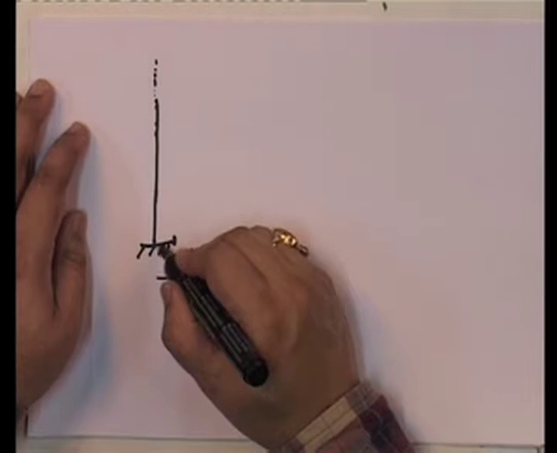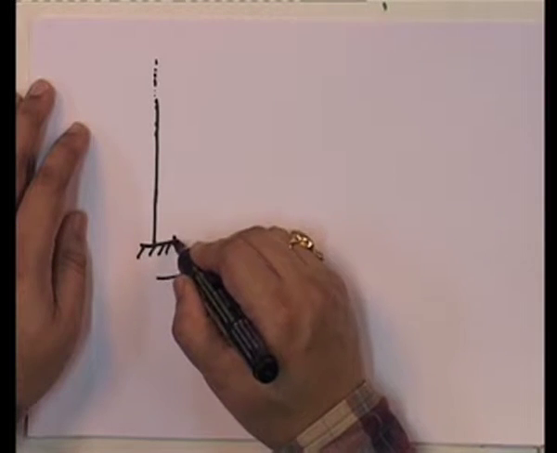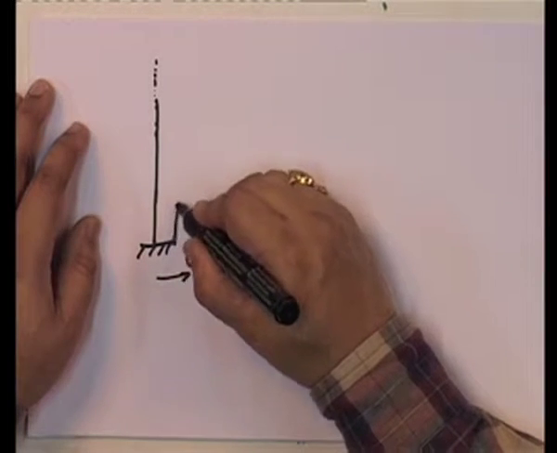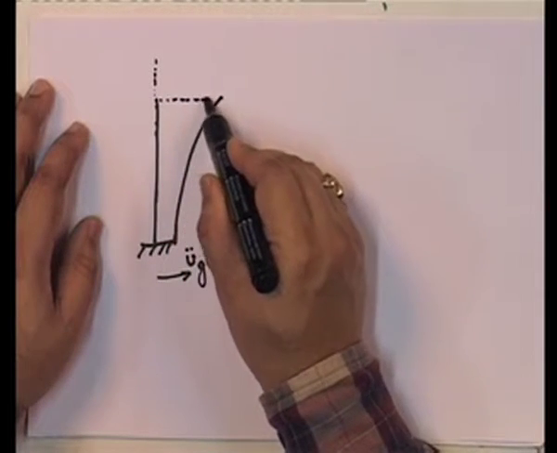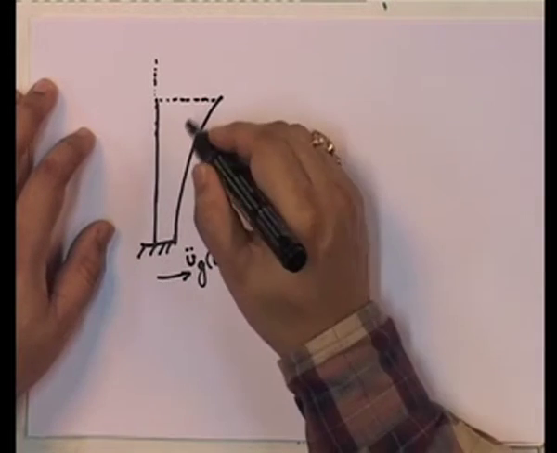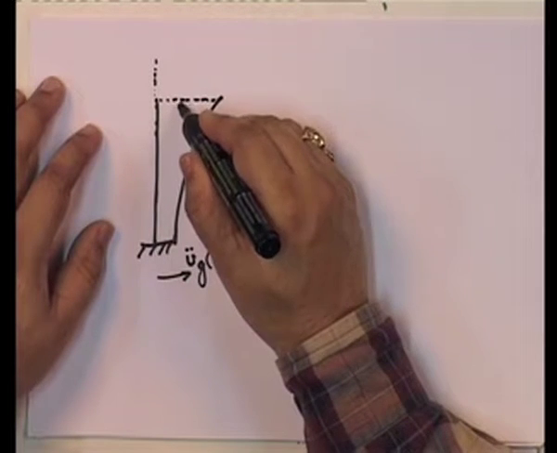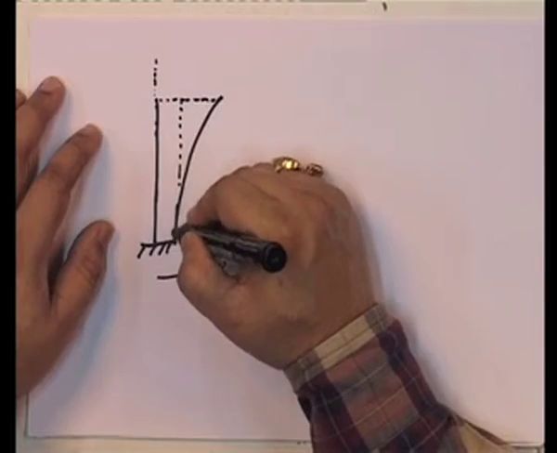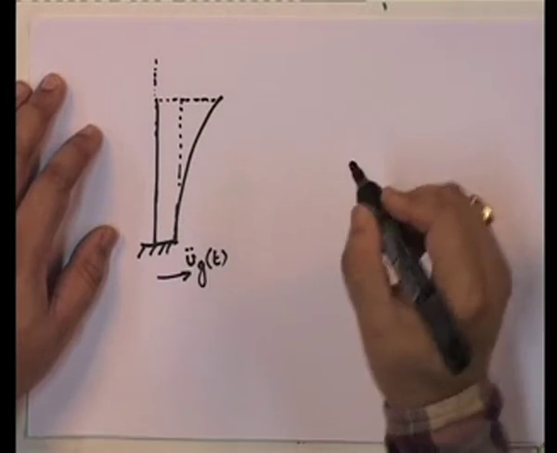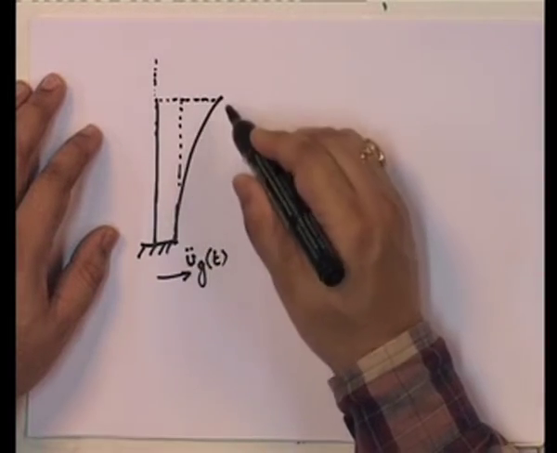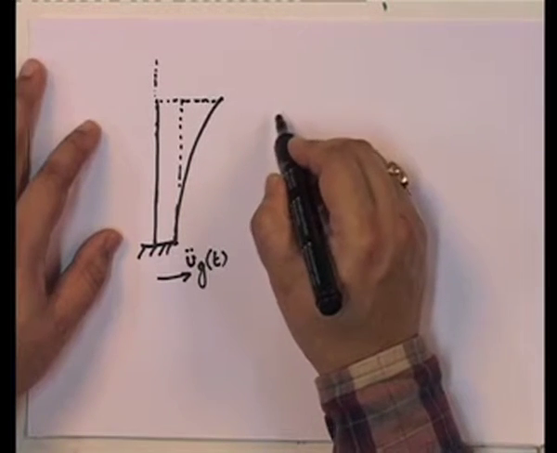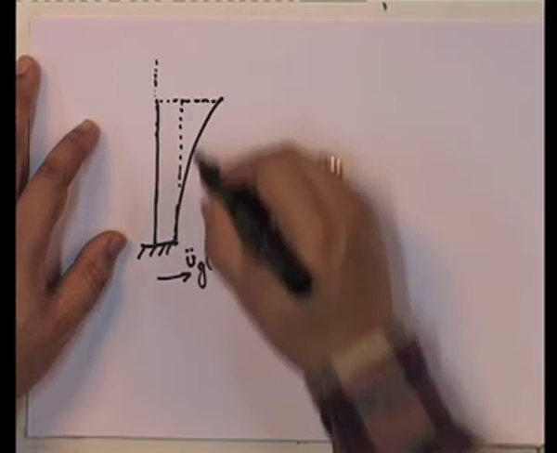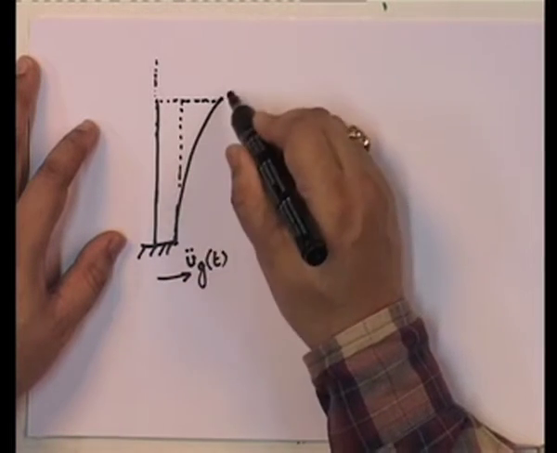So, at any instant of time, this is the state of the structure, and essentially this problem becomes this. Let us go from first principles.